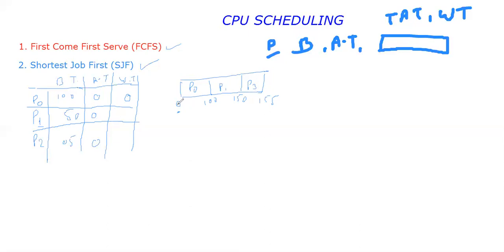P1 arrived at 0 and got a chance at 100. So 100 minus 0, that is 100. So P1 waited for 100 units of time. And P2 waited for 150 units of time. So total waiting time becomes 250 units of time. That is in FCFS.